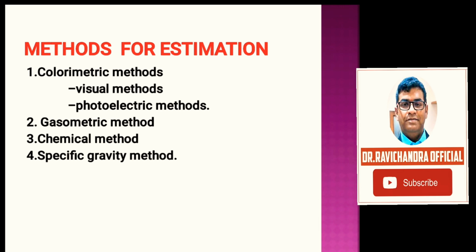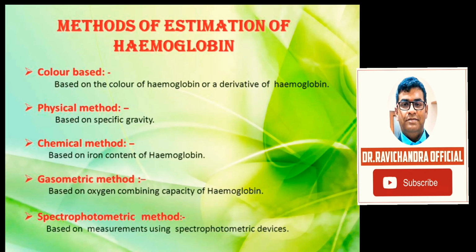Methods for estimation include colorimetric methods, gasometric methods, chemical methods and the specific gravity method. Colorimetric methods include visual methods and photoelectric methods. These are color based, depending on the color of hemoglobin or a derivative of hemoglobin.